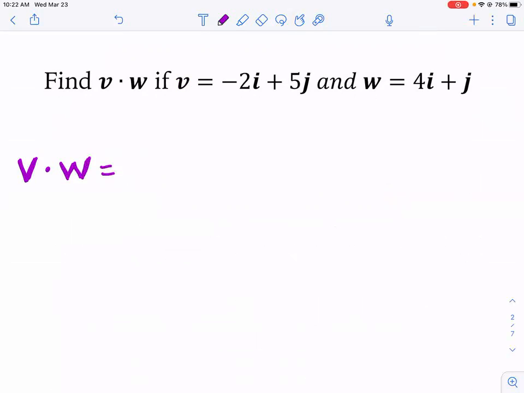When we take v dot w, we are going to first take the horizontal components, -2 and 4.